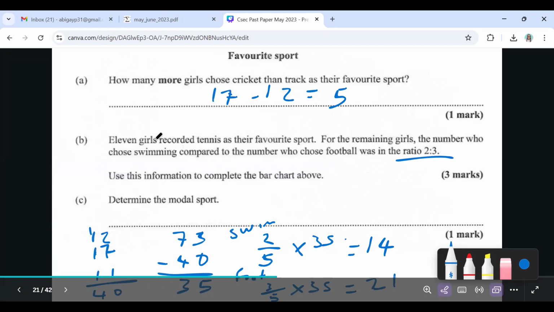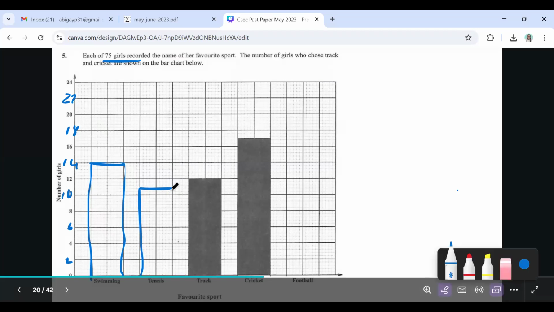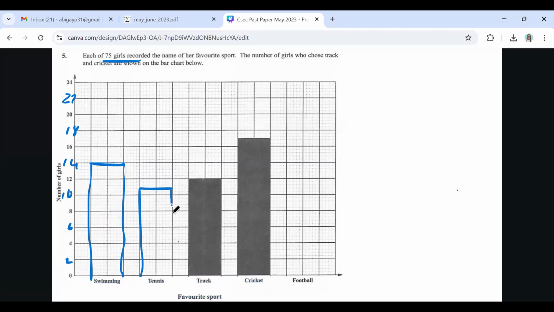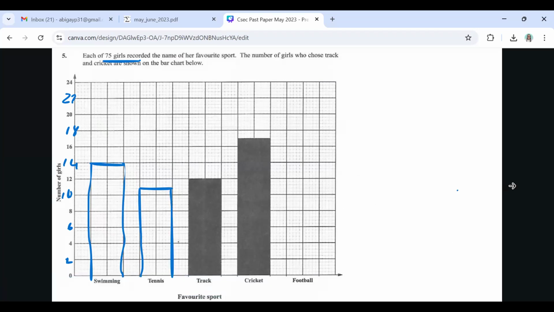Tennis was 11 girls, so right here in the middle between 10 and 12, and going down. All right, so that is tennis.